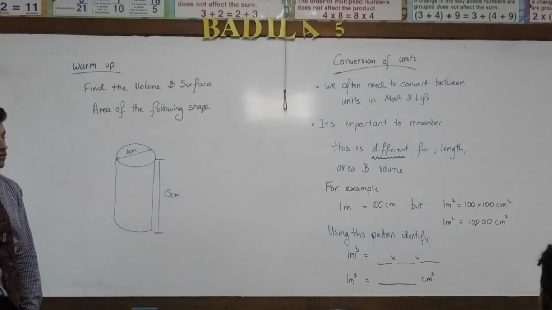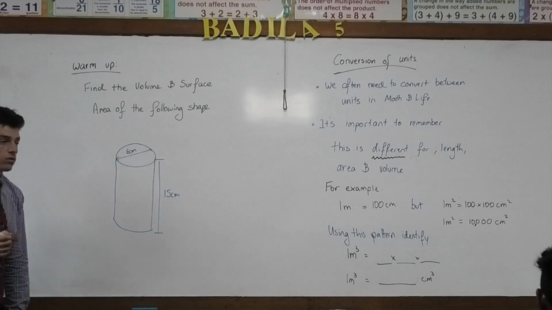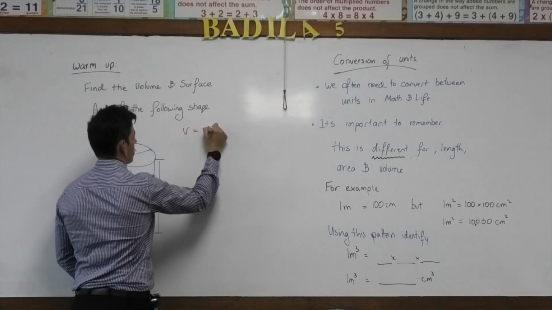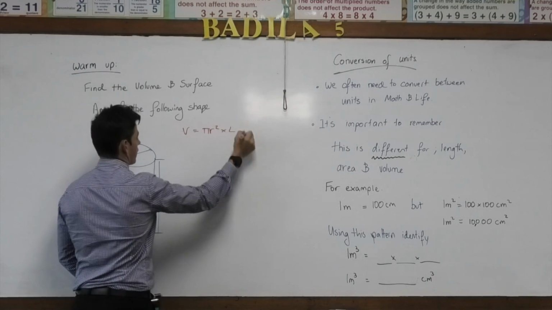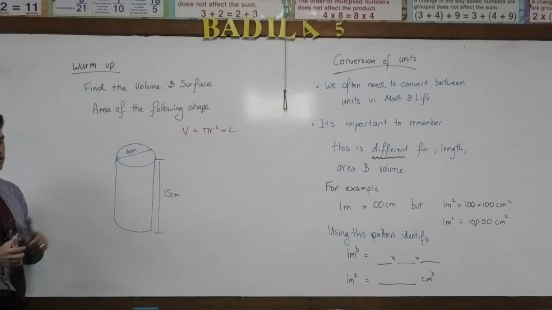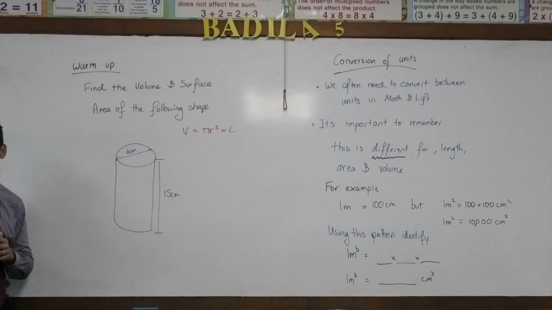What's the equation for a cylinder's volume? Pi r squared times length or height, doesn't matter. How does that work? What is a cylinder an example of? It starts with P. Prism, very good.